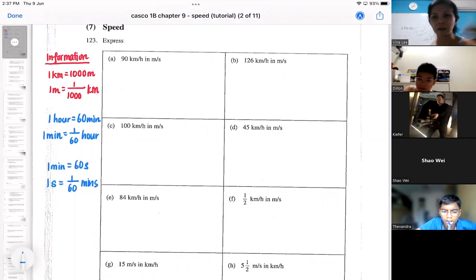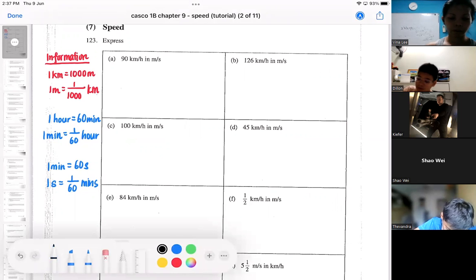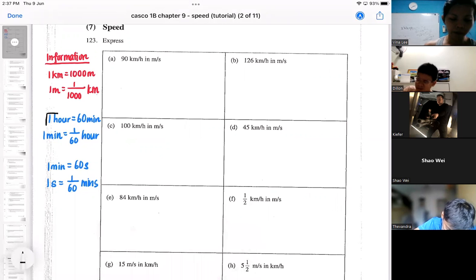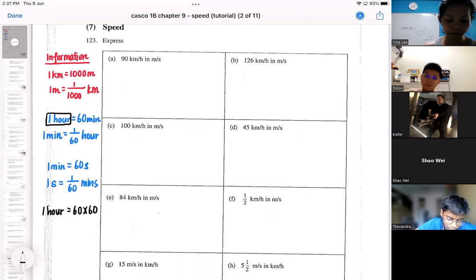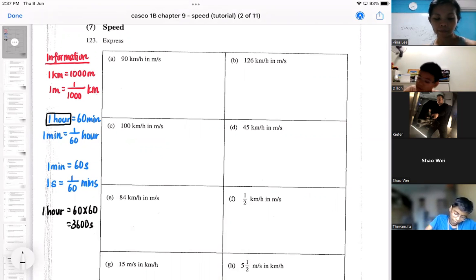Maybe there are some other units. We'll just try to think about it. So 1 hour is 60 times 60, which is 3,600 seconds. I don't think all this is very difficult.